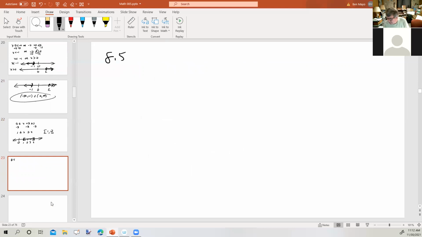8.5 was solving absolute value equations. We didn't do the inequalities. So let's say you've got an absolute value equation. The first thing you need to do is isolate the absolute value.